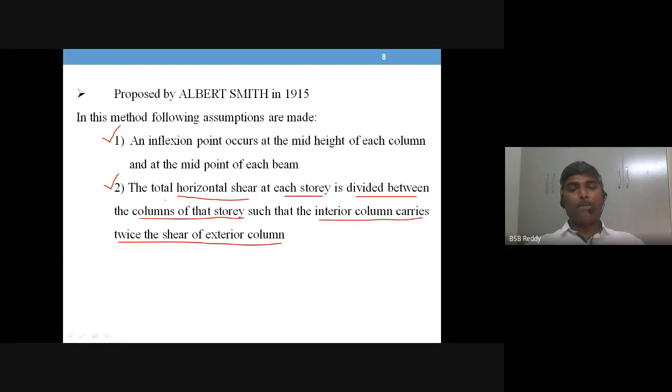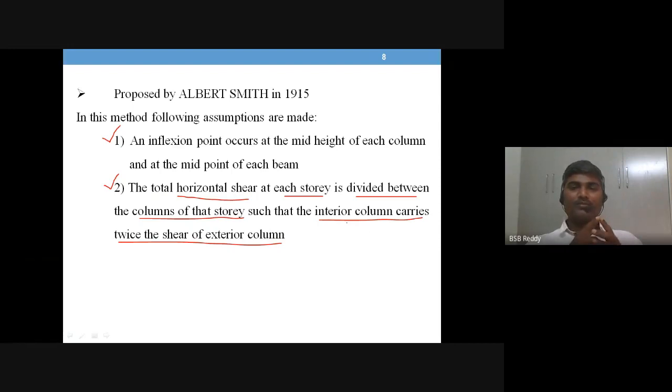So the story shear is related between the interior columns and exterior columns. This we will discuss extensively. Remember, to solve a structure approximately for lateral loads by the portal method, you need two assumptions.